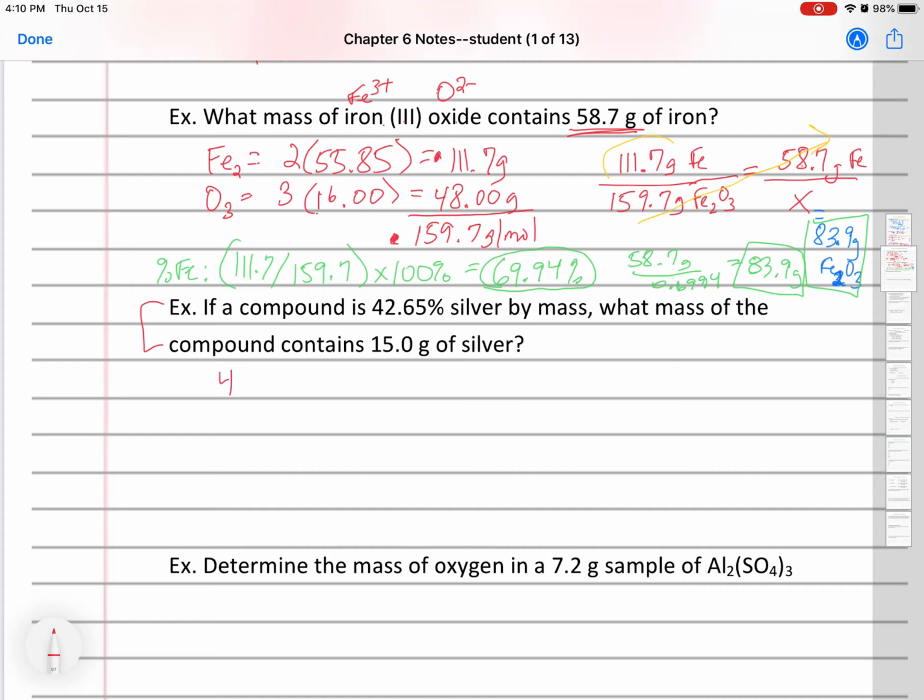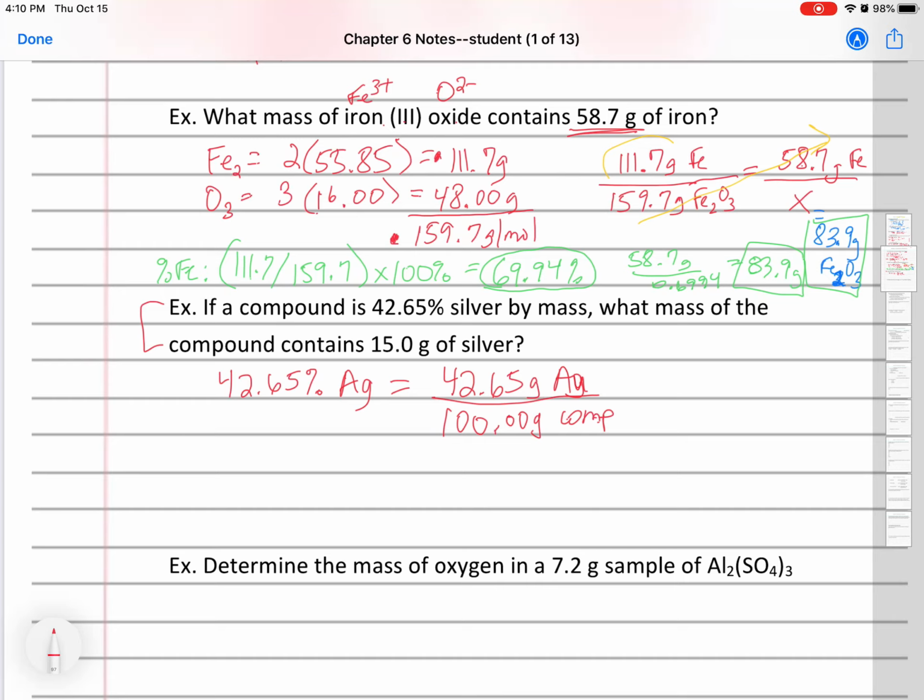So, 42.65% by mass silver. Ag is silver. That basically means that 42.65 grams of silver are in 100 grams of the compound.